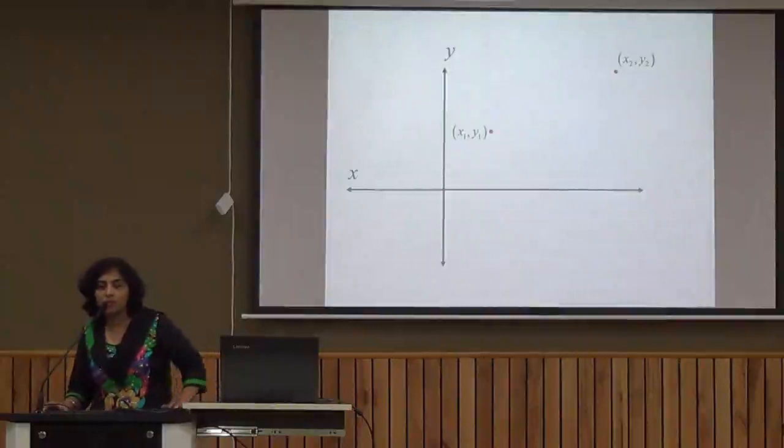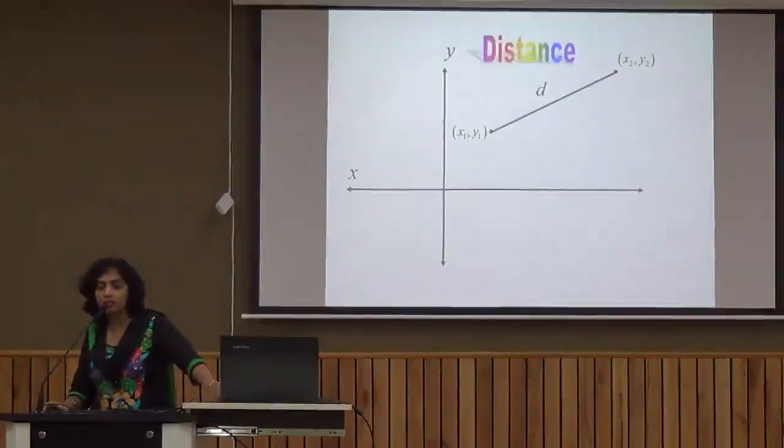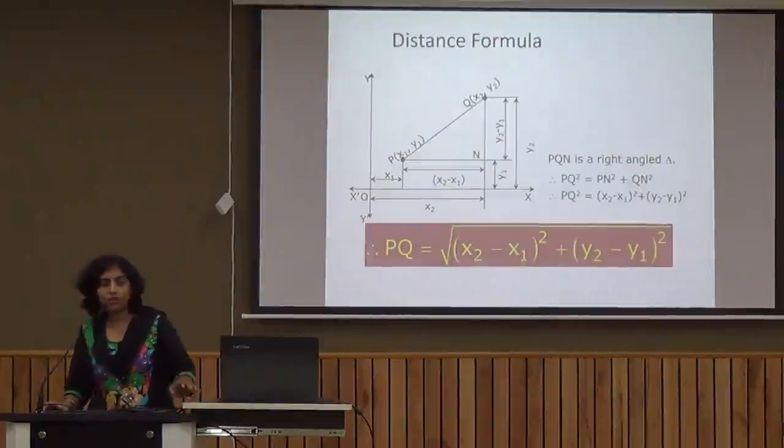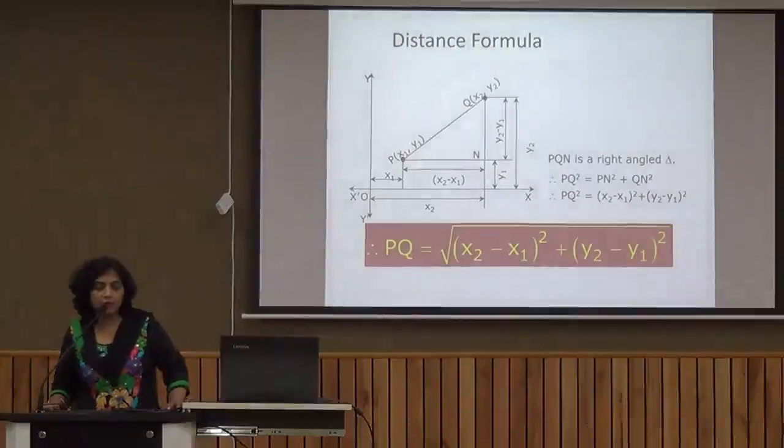If we are given 2 points with the coordinates x1, y1 and x2, y2, the distance between them is denoted by d. So how do we calculate it? At the point P, the coordinates are x1, y1.